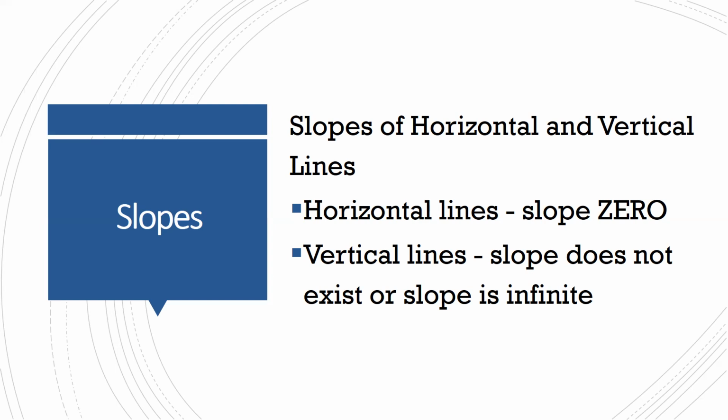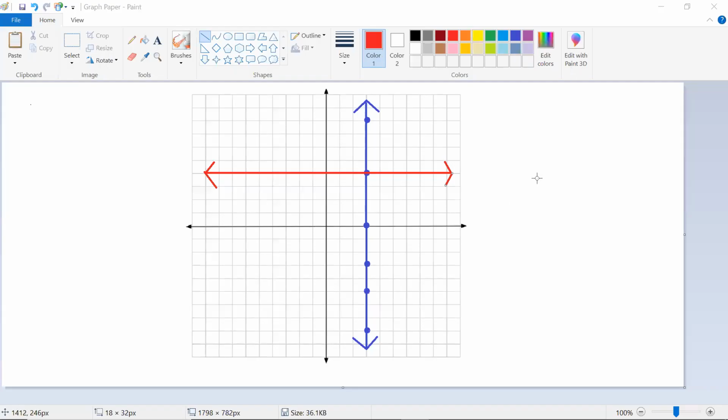This can be seen in a couple of different ways, but it is explained by the fact that the slope is change in y divided by change in x. I've graphed 2 of the lines that we have dealt with already.